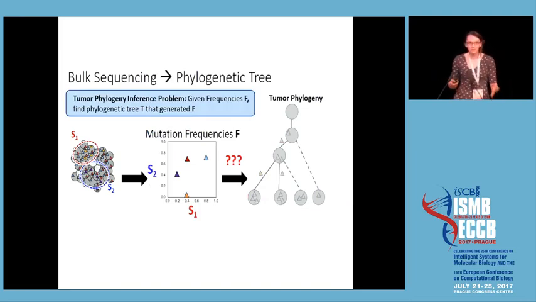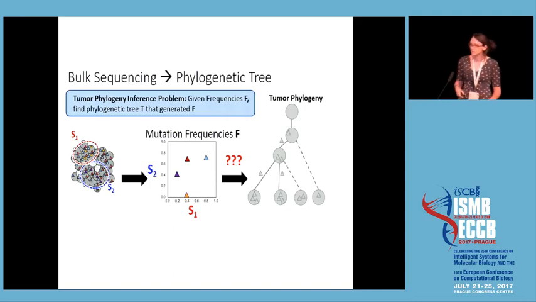The fundamental problem that we're looking at today is what I call the Tumor Phylogeny Inference problem: given these frequencies, how do we reconstruct the original phylogenetic tree that generated the frequencies? This problem is a little bit underspecified, in that we really need to define an evolutionary model.